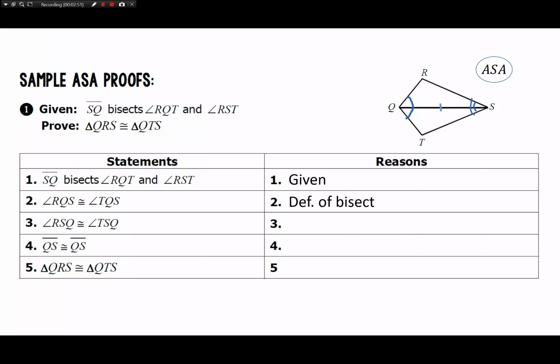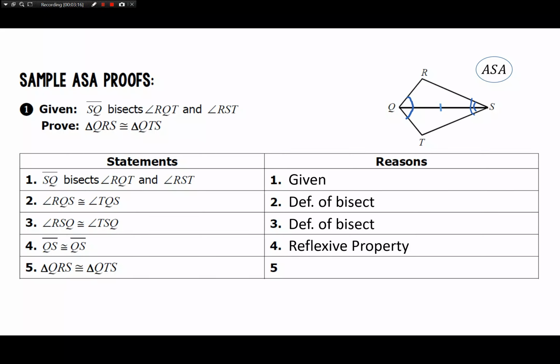Statement number 3 says angle RSQ is congruent to angle TSQ. Again, we know that was bisected, so again, it is definition of bisect. Statement number 4 says segment QS is congruent to segment QS. Those are the same line, so it is reflexive property.